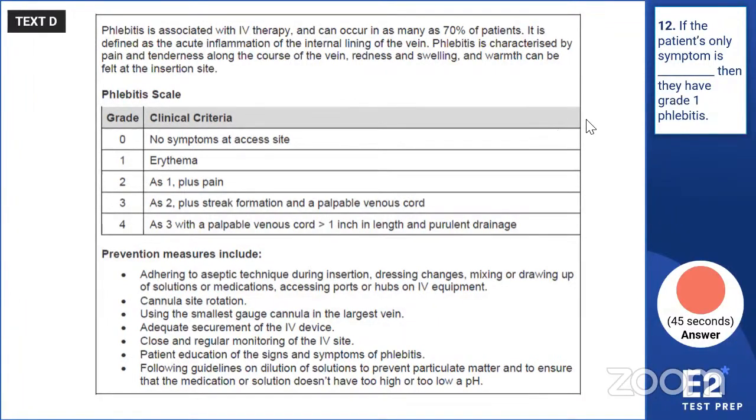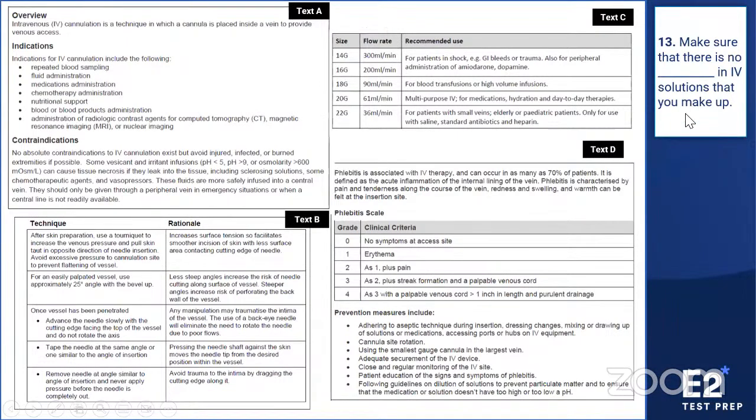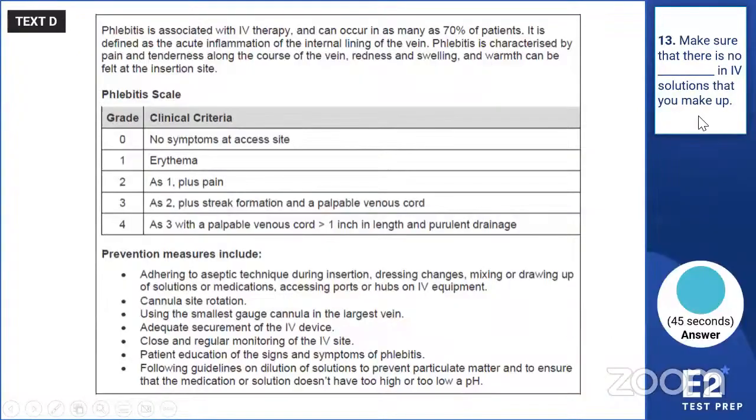Brilliant. Lots of people have dived in on that one, so I'm going to move on. And number 13, make sure that there is no something in IV solutions that you make up.